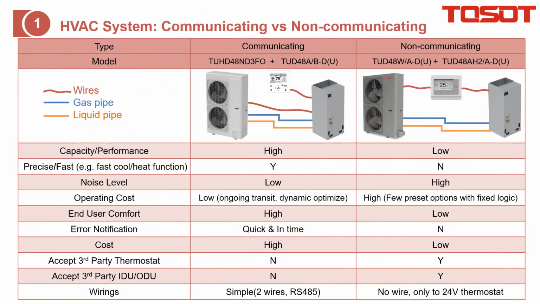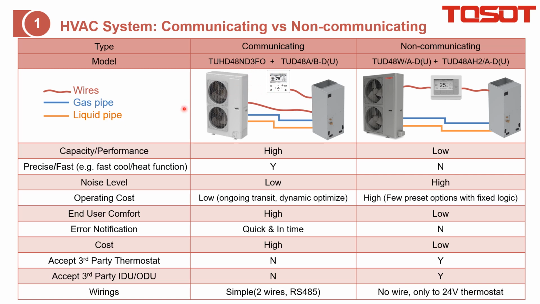This slide is the pros and cons between communicating and non-communicating systems. I compare GREE's two models, with this one being the FlexX. From the wiring, you can see that the outdoor unit is wired to the indoor unit, and then the indoor unit is wired to the wired controller.